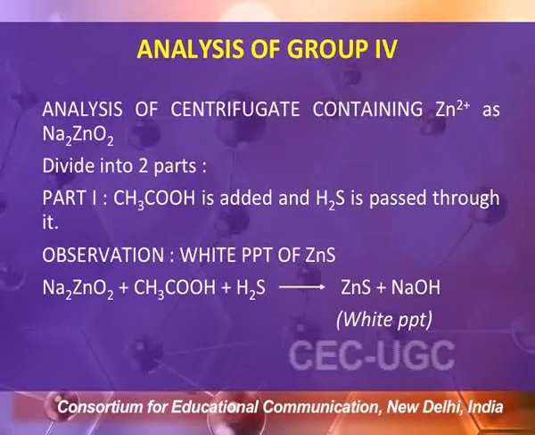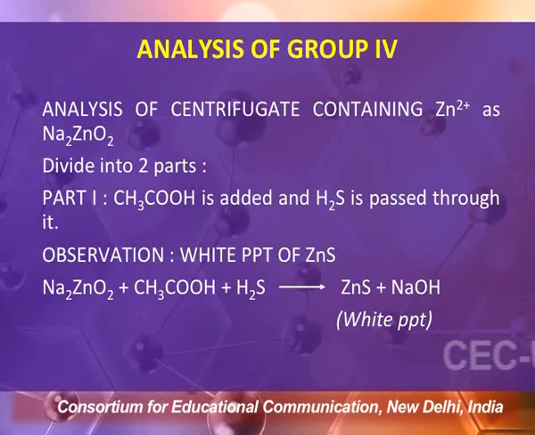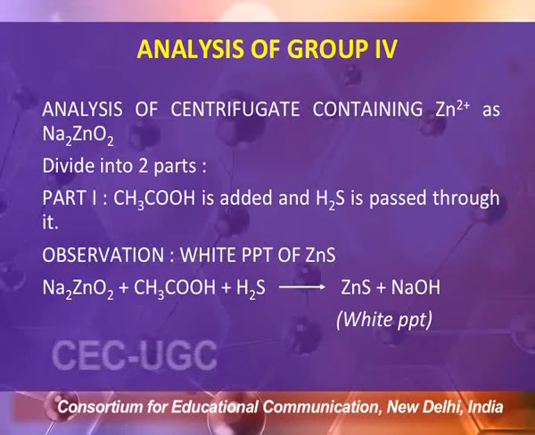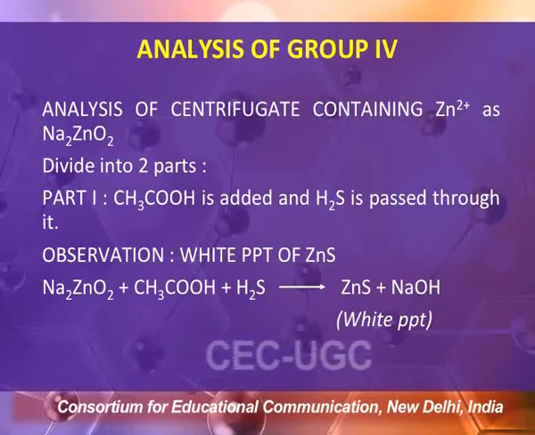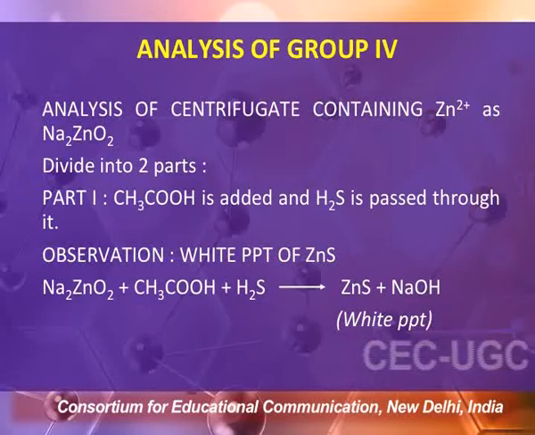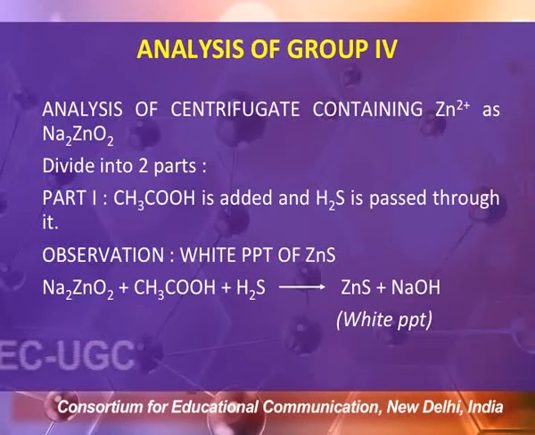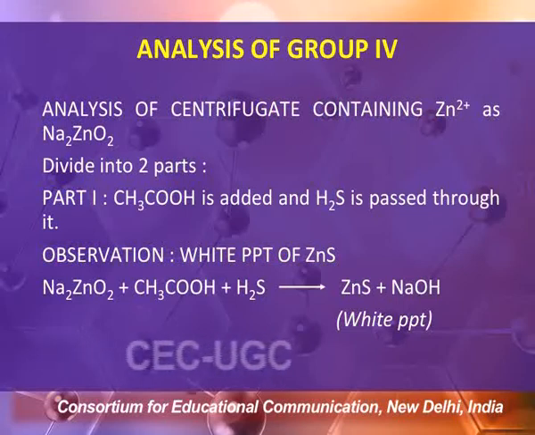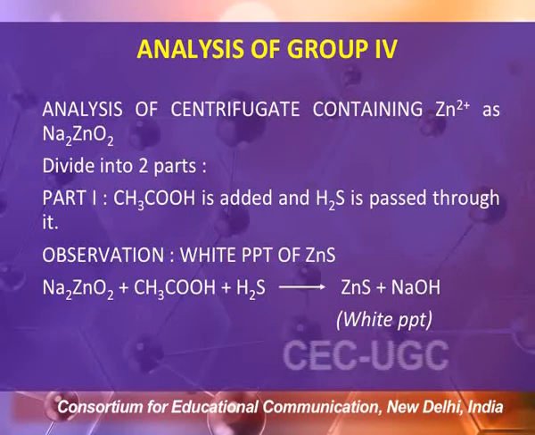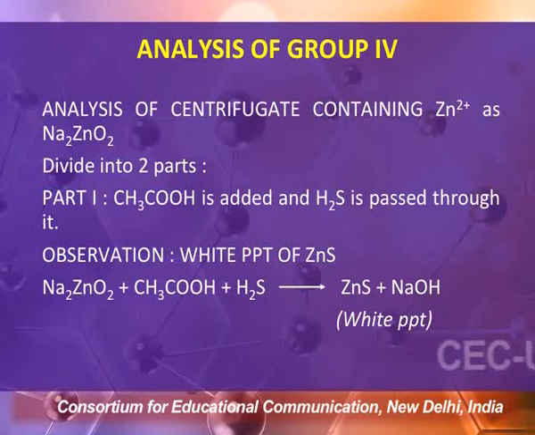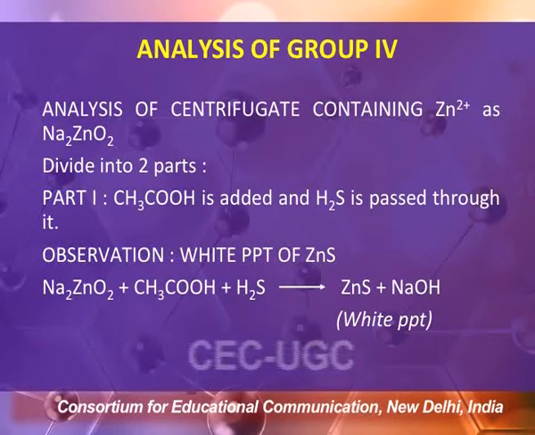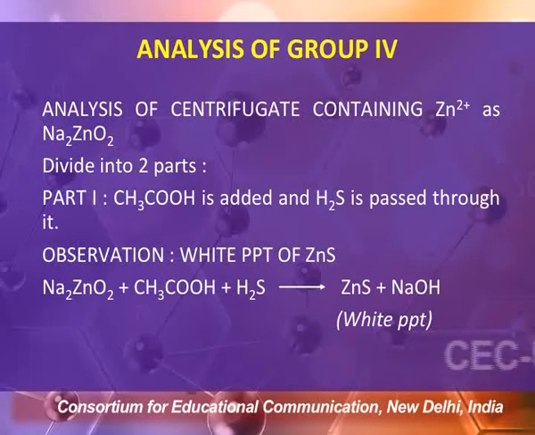Then is the analysis of the centrifugate which contains zinc ions as sodium zincate. Till now we have analyzed manganese ions. Now coming to the centrifugate part, in which we have to discuss zinc ions as sodium zincate. We take the centrifugate and divide it into 2 parts. To the first part, acetic acid is added and then H2S is passed through it.